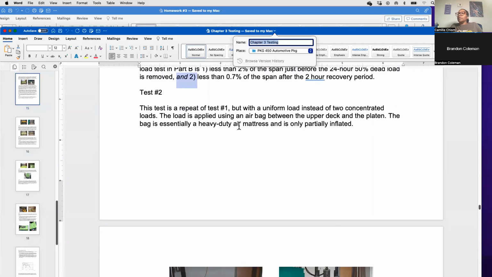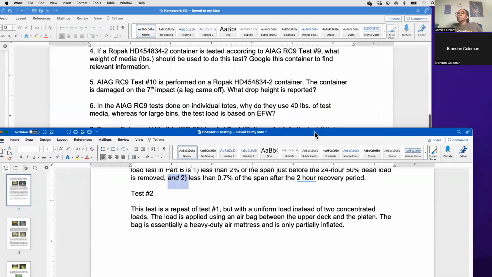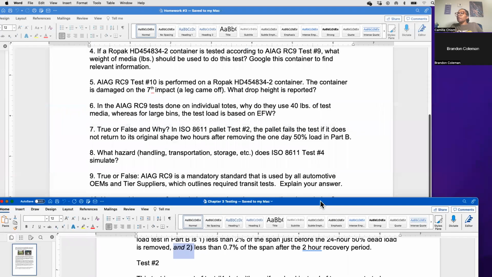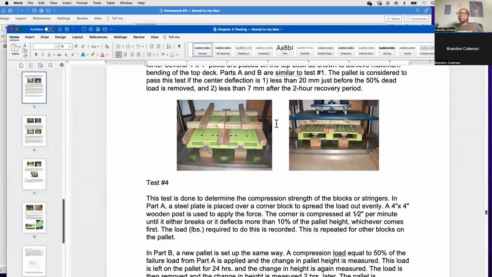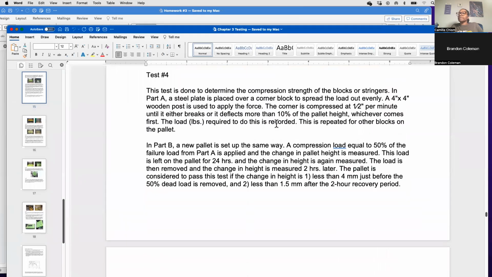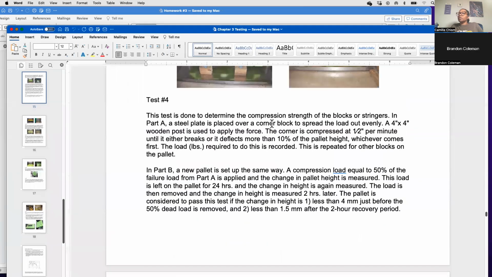And then your next one is what hazard handling, transportation, storage does ISO 8611 test number 4 simulate? So test number 4, you want to determine the compression strength of the blocks or stringers, right?